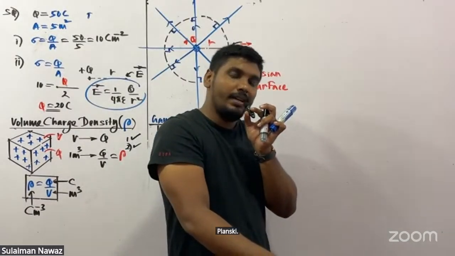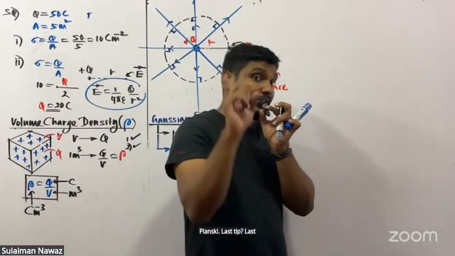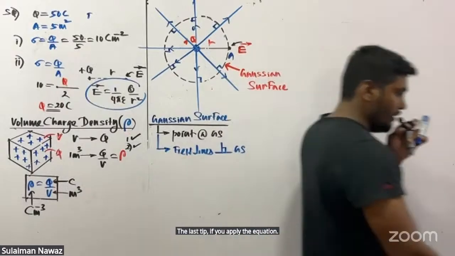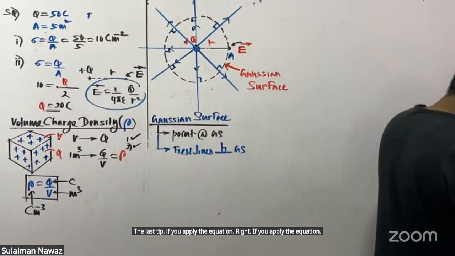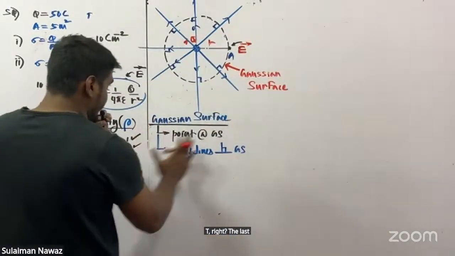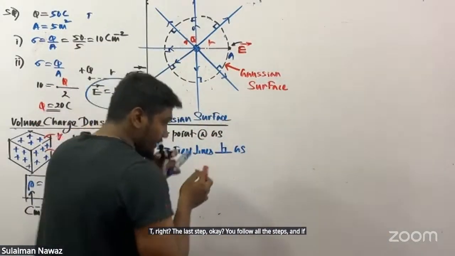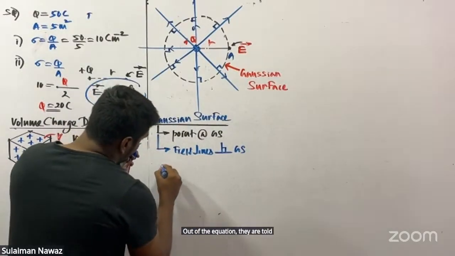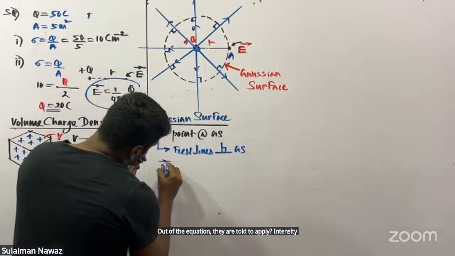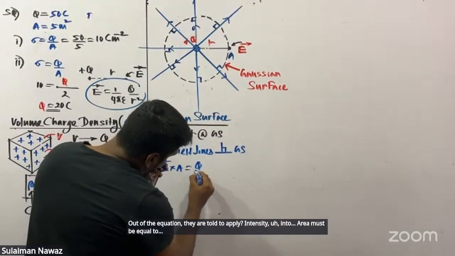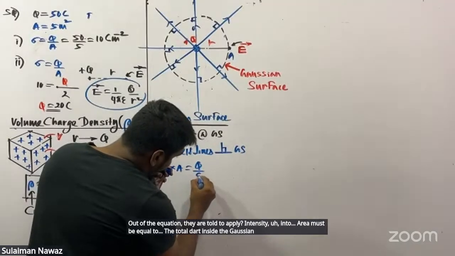Last step, apply the equation. Intensity times area must be equal to the total charge inside the Gaussian surface over the permittivity.